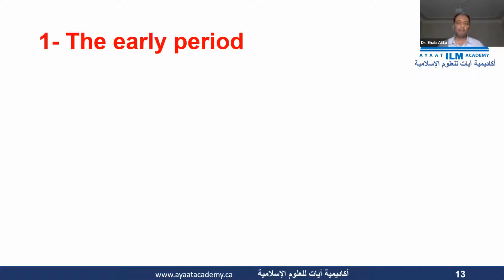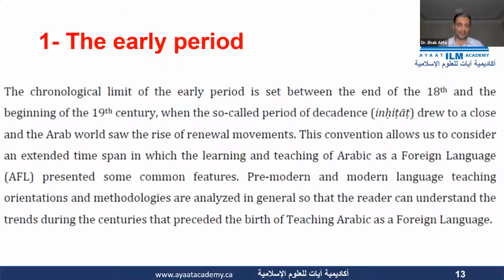The early period. This is our first title, the early period. The chronological limit of the early period is set between the end of the 18th and the beginning of the 19th century, when the so-called period of decadence in Hittat drew to a close, and the Arab world saw the rise of renewal movements.